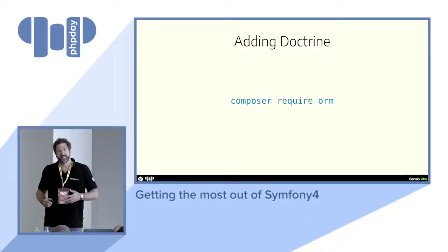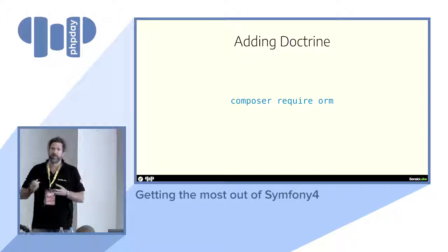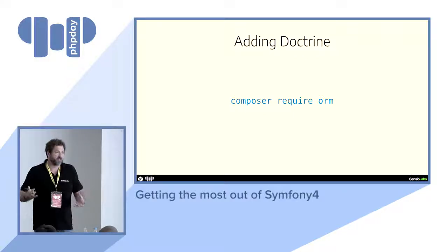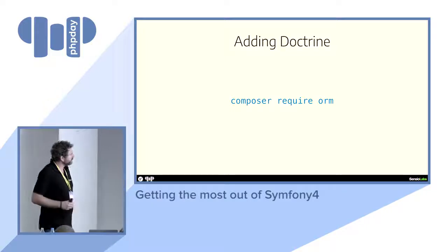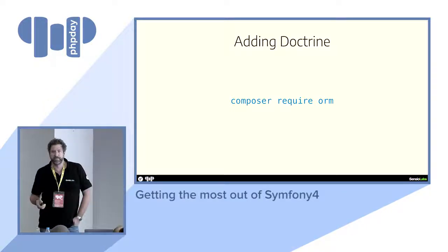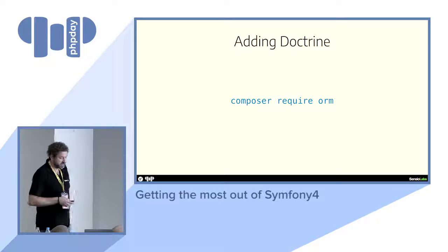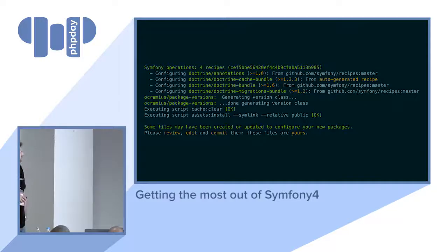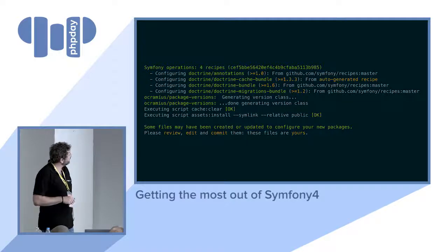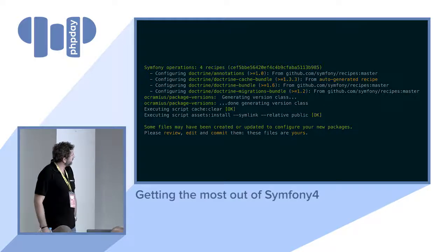An alias is just a name for one, or actually a collection of packages, together with something called a recipe that is known by Flex. And Flex resolves this, and what it does is install Doctrine annotations, cache bundle, Doctrine bundle, Doctrine migration bundles.